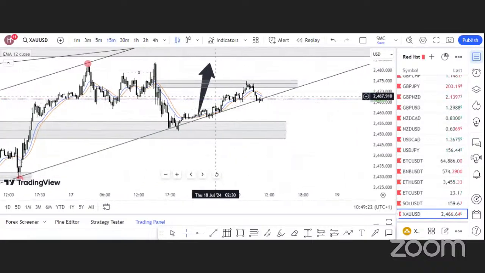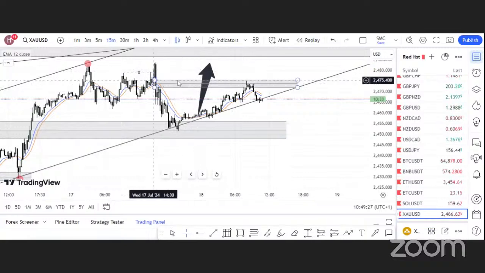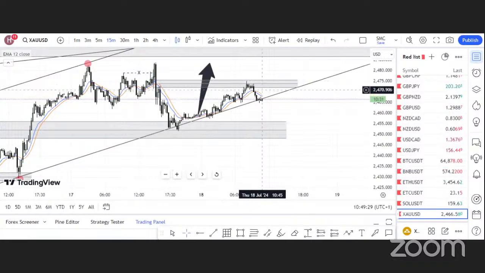All right. We have a fair value gap and another block above this area, and that is why you see the market pulling down. So the market pulled down from this level because of the fair value gap.